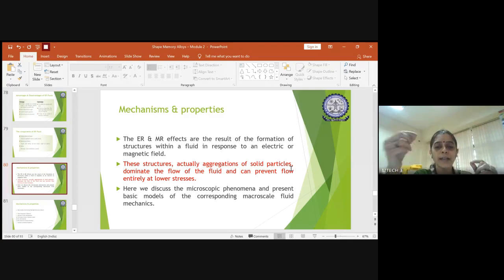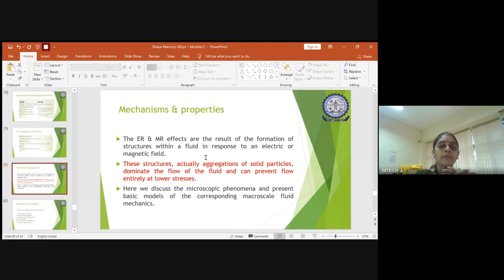Based on that, the fluid particles will be selected. Hence you will have an aggregation of n number of solid particles which will flow in the fluid. The fluid usually will be an oil, it could be a synthetic oil, or any naturally available oil, even including vegetable oil, right?